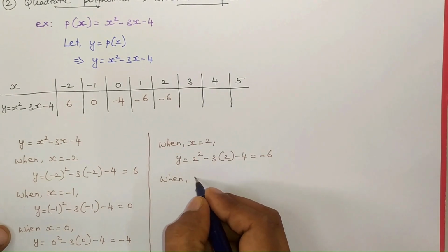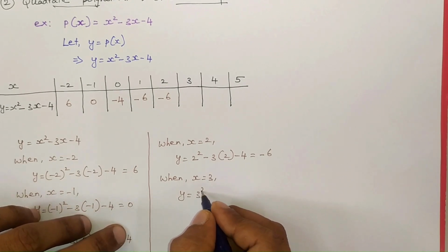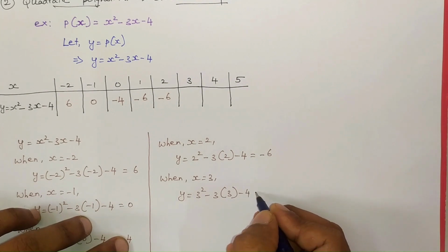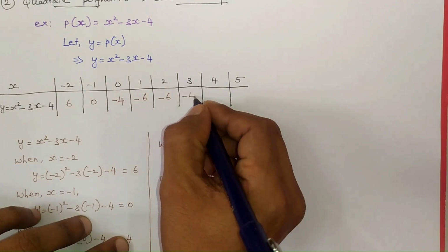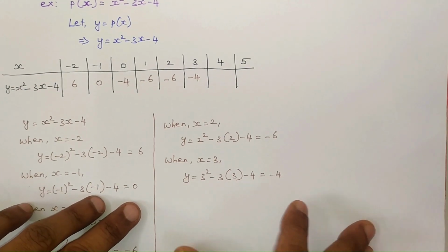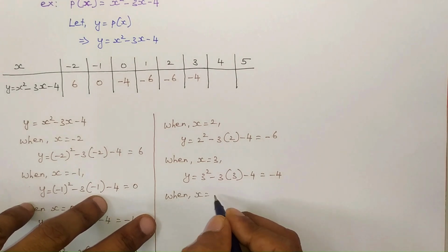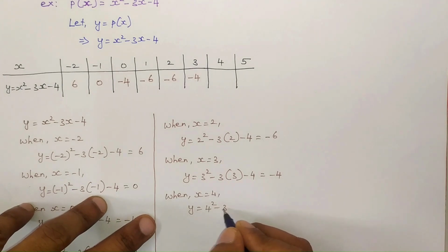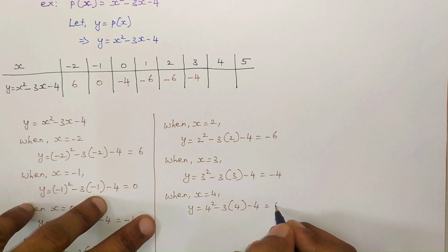When x is equal to 3, y is equal to 3 square minus 3 into 3 minus 4, that is equal to minus 4. When x is equal to 4, y is equal to 4 square minus 3 into 4 minus 4. So we have 0 here.